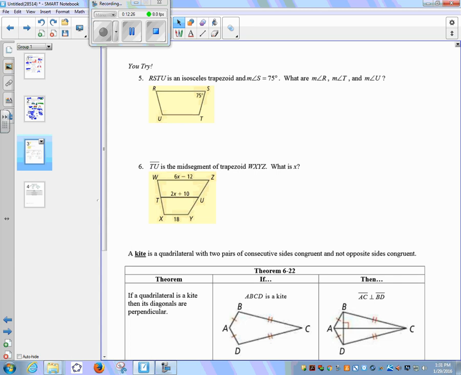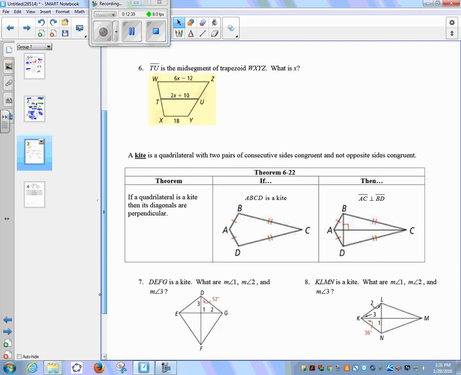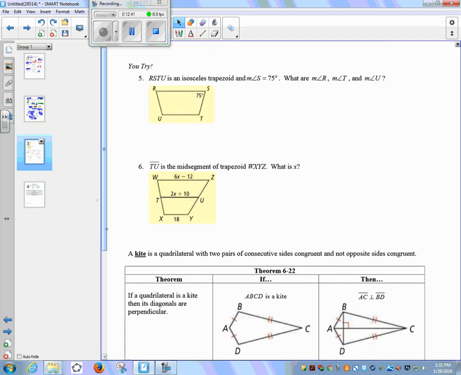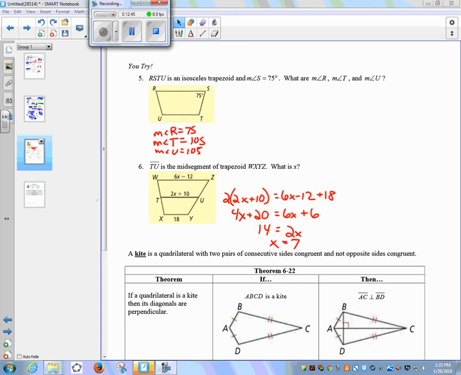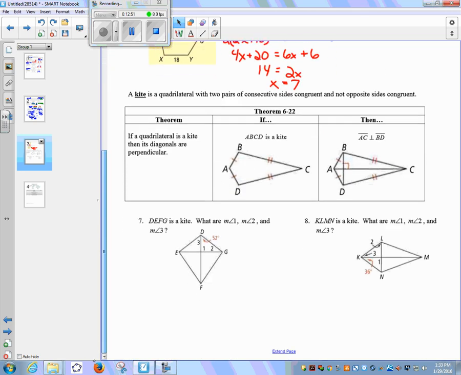Make sure you are setting up your equation, and then make sure you come back to check your answer. Okay, so you can check your answers here, and we're going to move on.